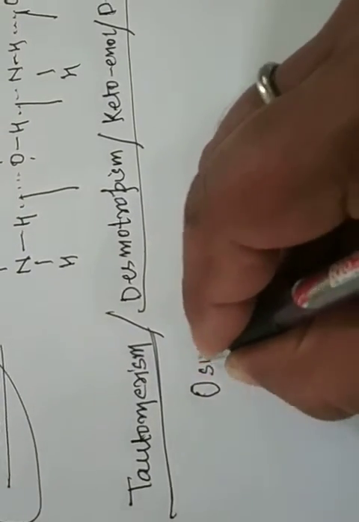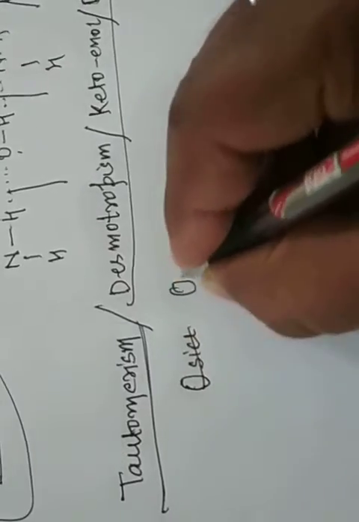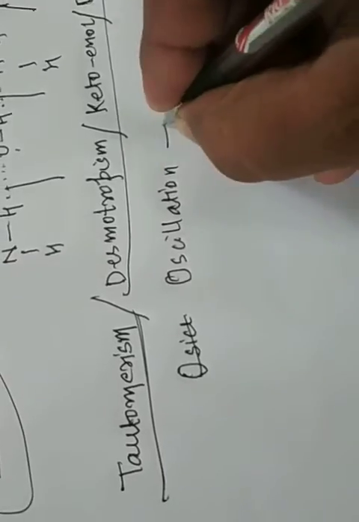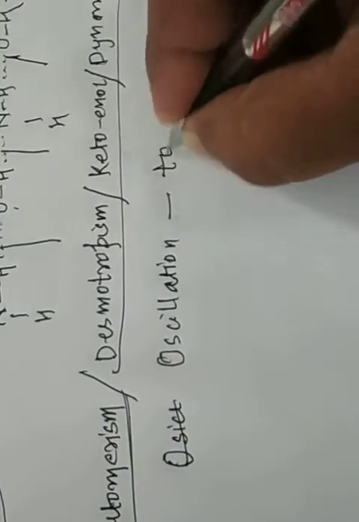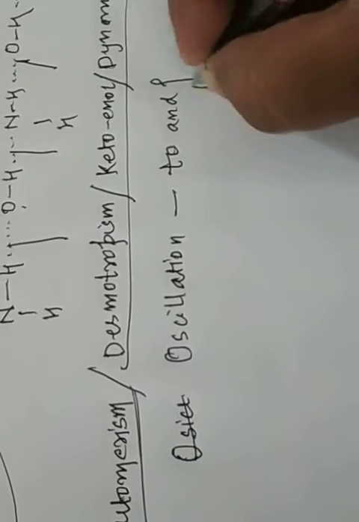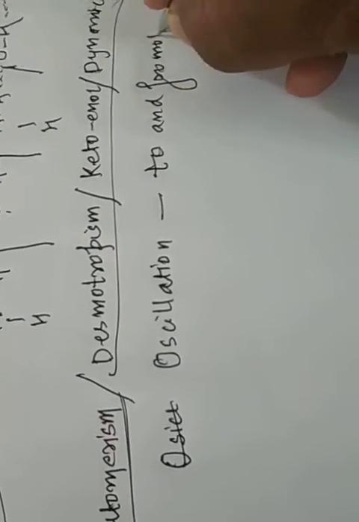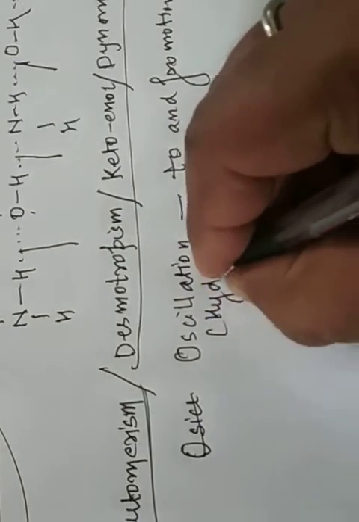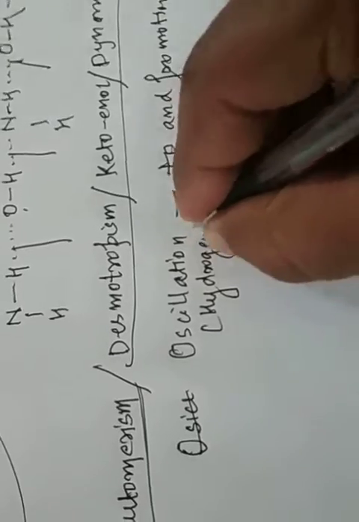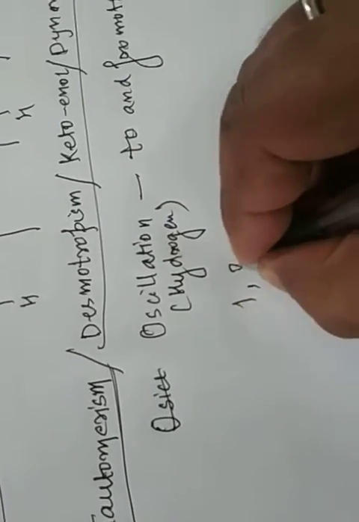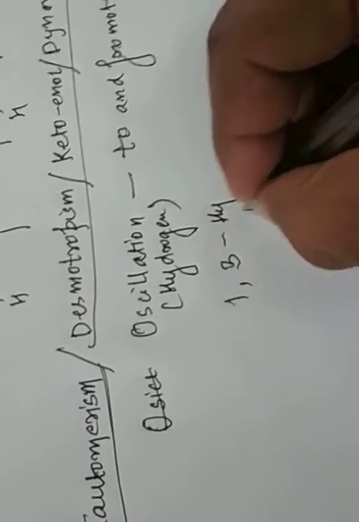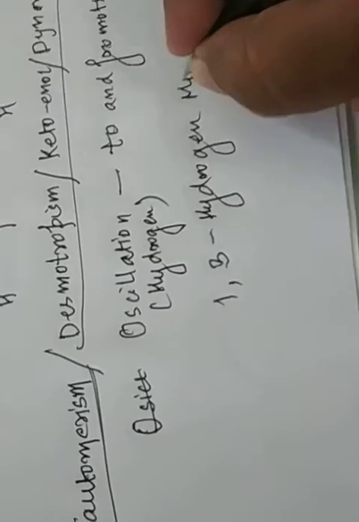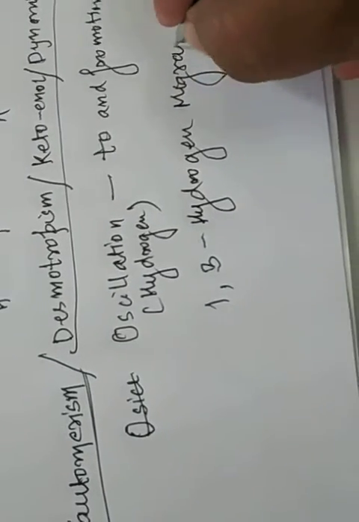In this case there is oscillation, which means to-and-fro motion. Oscillation of hydrogen. Clear? It means this is a 1,3 hydrogen migration. Hydrogen migration is very important. Note it down in your notebook.